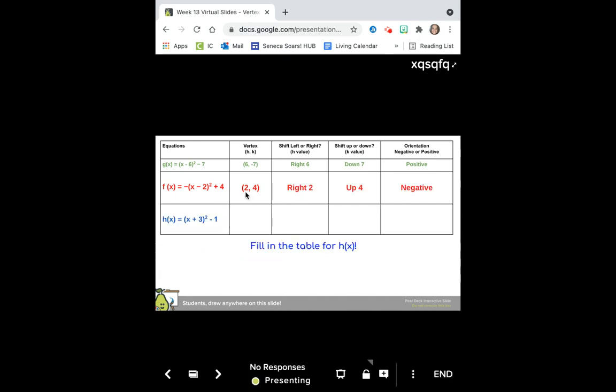So my vertex of 2, 4 tells me that I went right 2 and up 4. And this parabola has a negative orientation because of that negative sign there at the very beginning of the parabola. Go ahead and try h of x. Fill in all of the table.